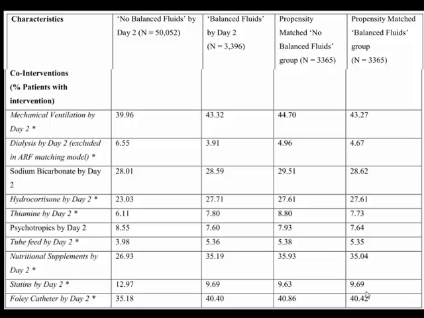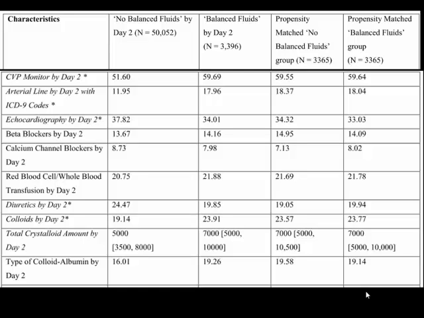Also, they matched by co-intervention, meaning patients that were on the vent, that required dialysis, bicarb, hydrocortisone. If you see the last two columns after the match, those groups are similar, and there was no significant difference. Even CVP monitoring and arterial lines are pretty equal.